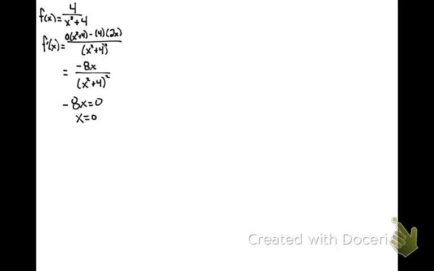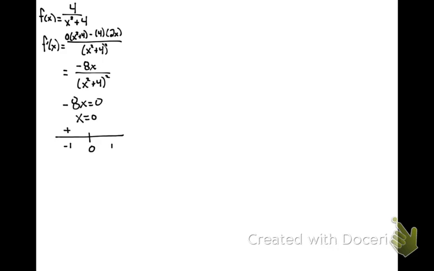So the only thing we need to test then is what's happening before and after 0. I'm going to test the numbers -1 and +1 to do my sign analysis. When x is -1 in the derivative, we would get 8 over some positive number, which means that the derivative is positive before 0.